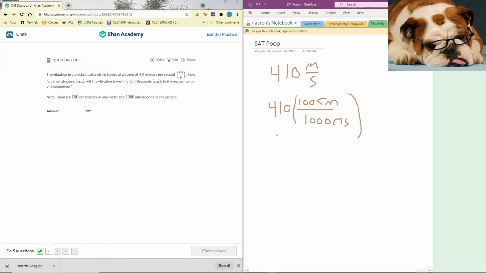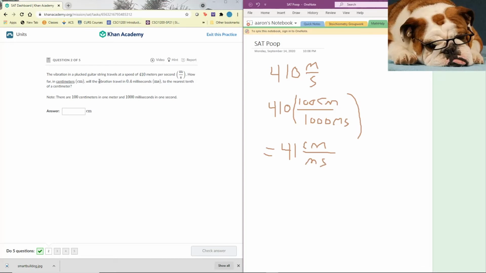So in my calculator, I'll enter 410 times open parentheses 100 divided by 1000 close parentheses. And here we get 41 centimeters per millisecond.